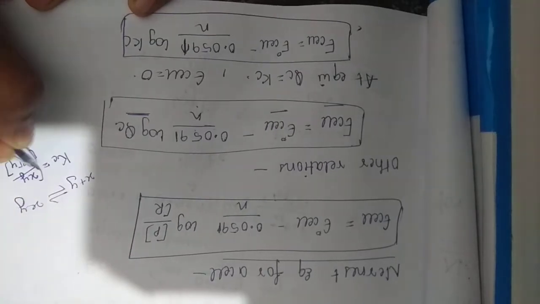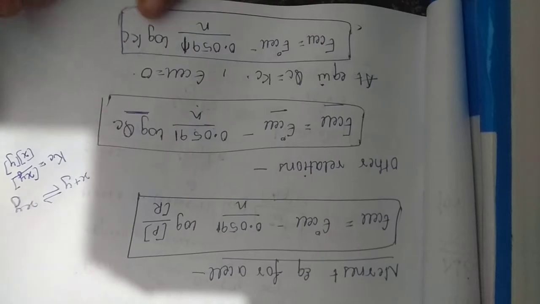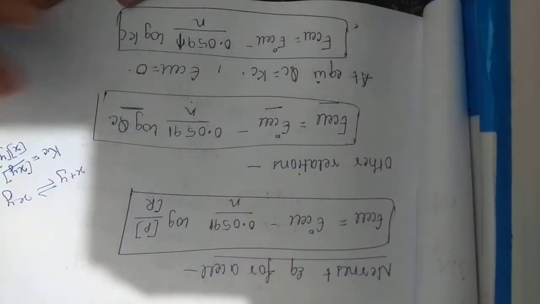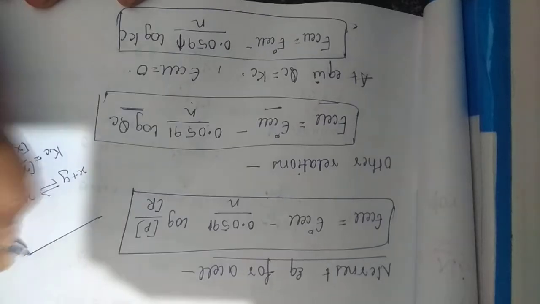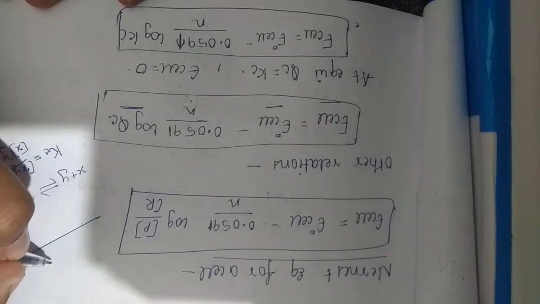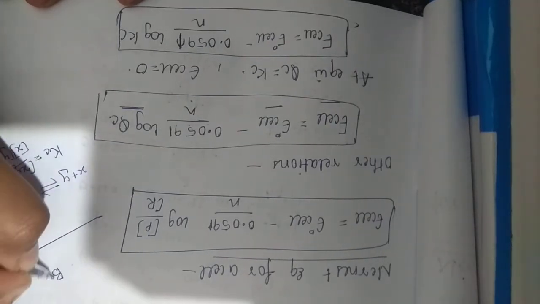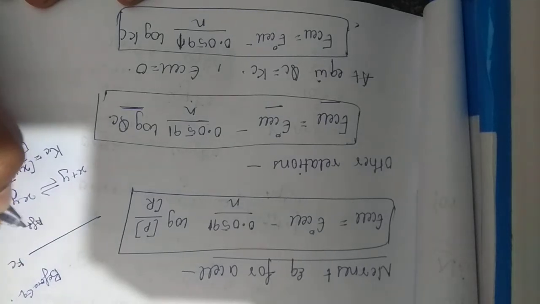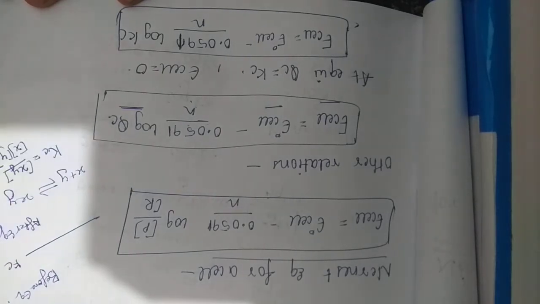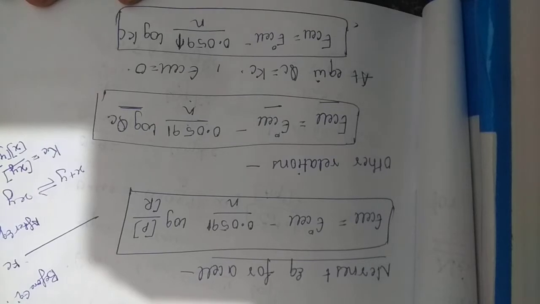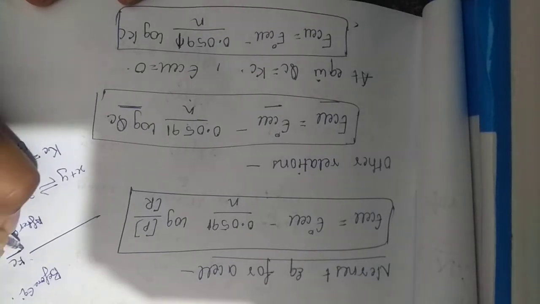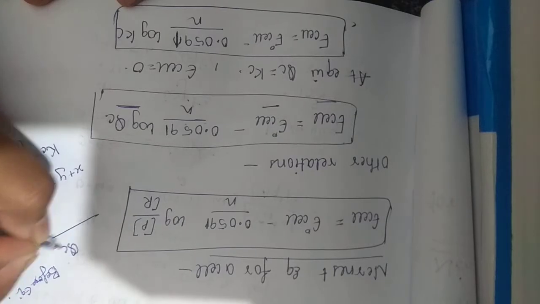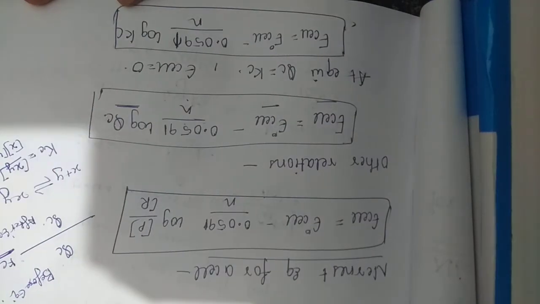Now, this is equilibrium, and this is before equilibrium and this is after equilibrium. Except equilibrium, any other situation, either before or after, we call it as Qc.